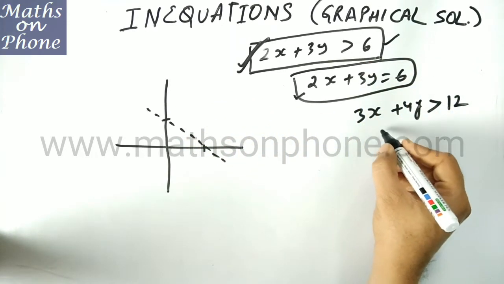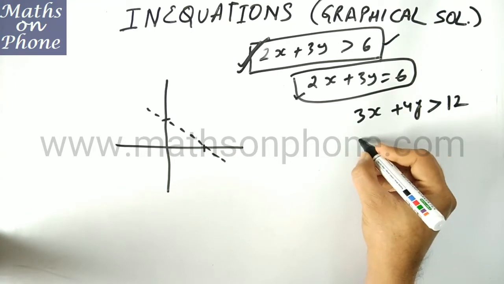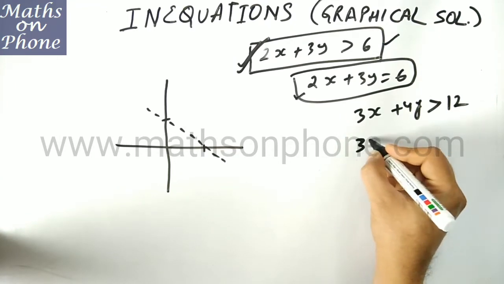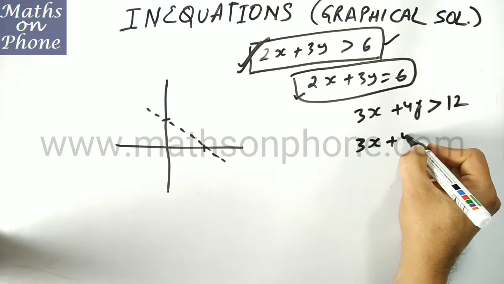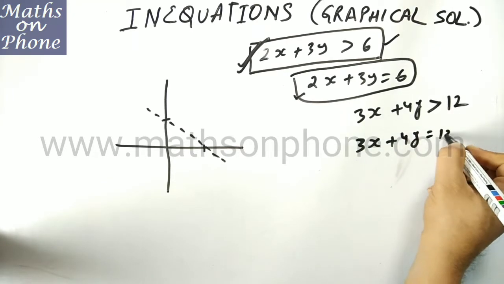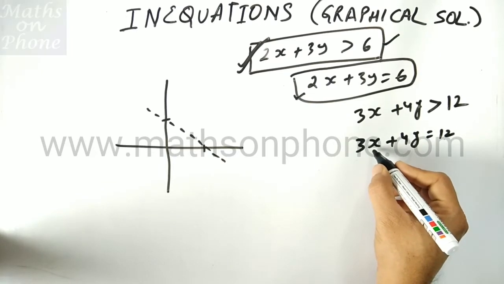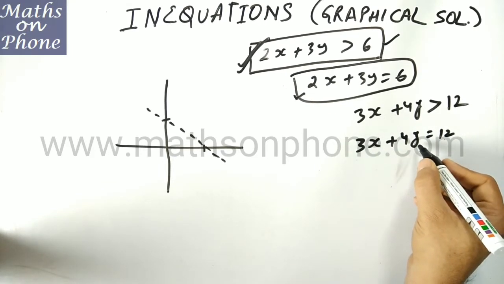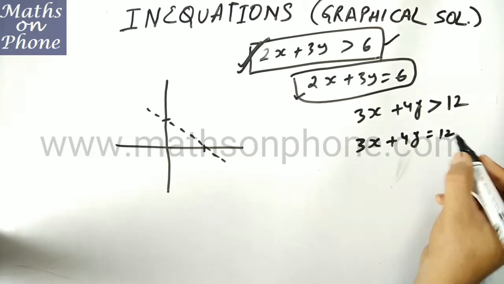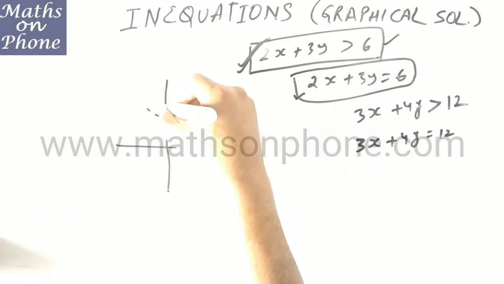Now, for the second line, I need to write the corresponding equation as 3x + 4y = 12. Follow the same method. When you put x equal to 0, y comes out to be 3. You mark it here somewhere.